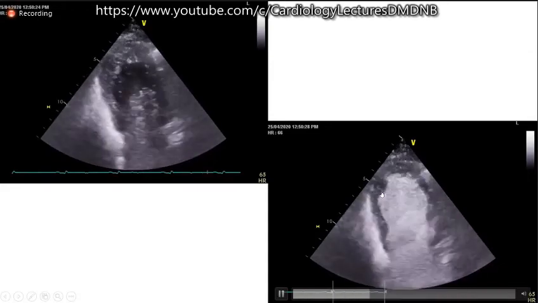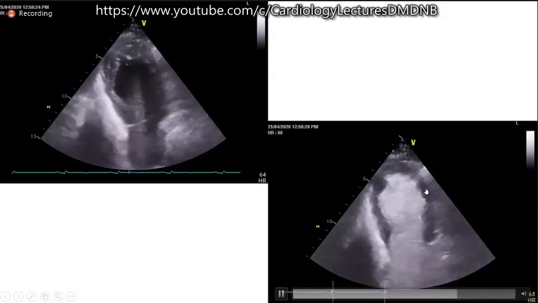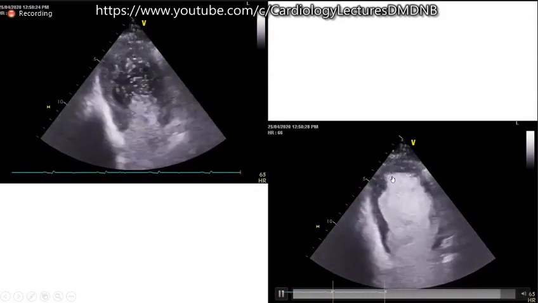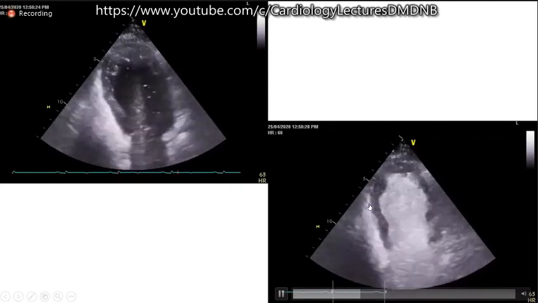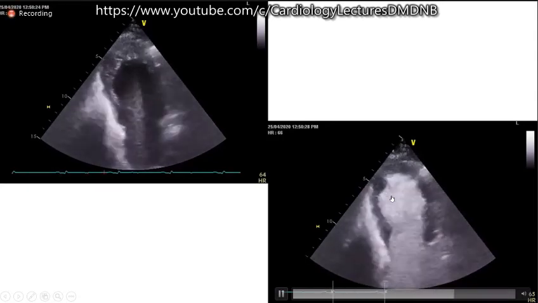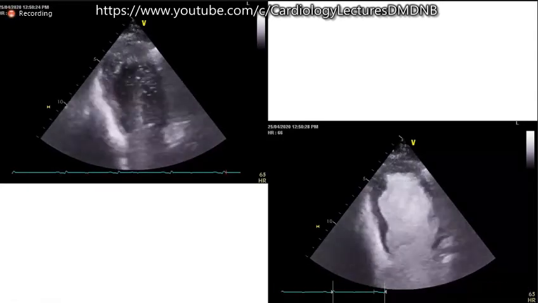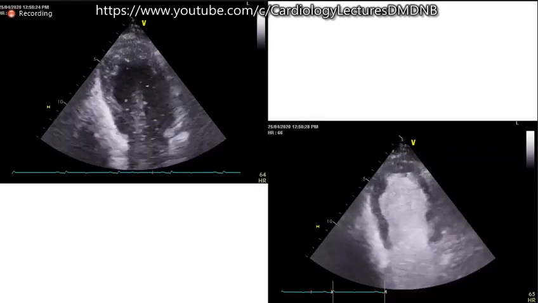You can see the filling defect here. See, at the apex there's a filling defect. There's a filling defect here. Here I am not sure about the filling defect, but you can definitely see that in these two regions there is a filling defect. That is because of the thrombus. So whenever you are in doubt whether there is really a thrombus, if you want to confirm it, one of the methods is to do a contrast echo.